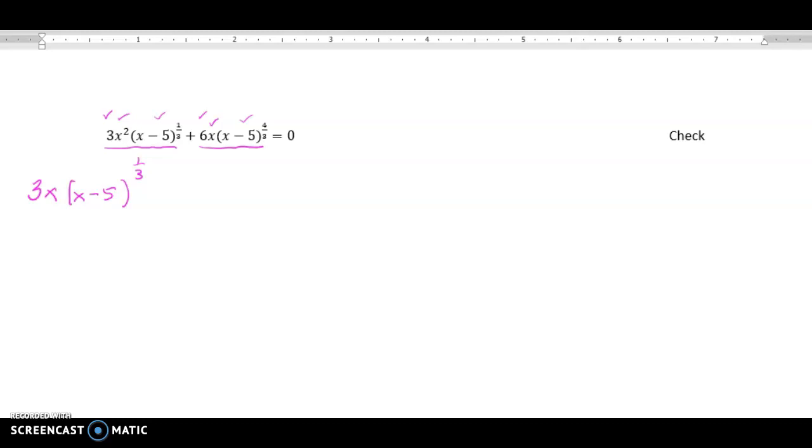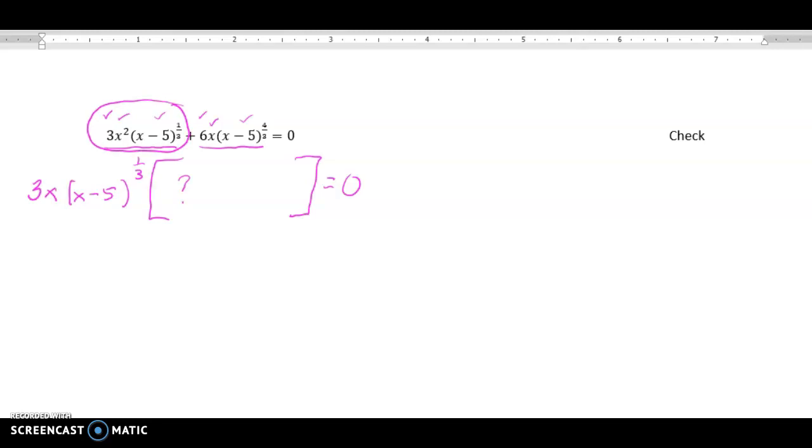And so if I were to, let me use a bracket, maybe that would help to separate it a little bit. If I were to multiply 3x times x minus 5 to the 1/3 power times some number, what would I need to get this term?